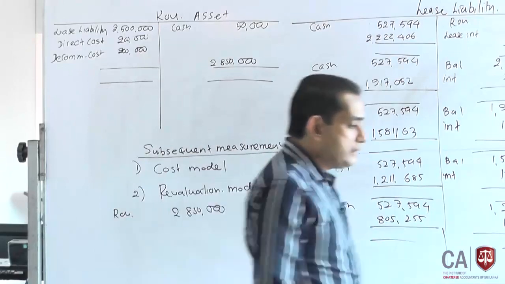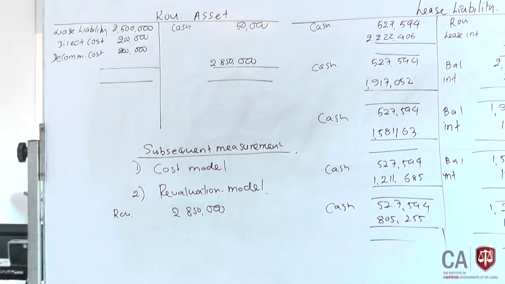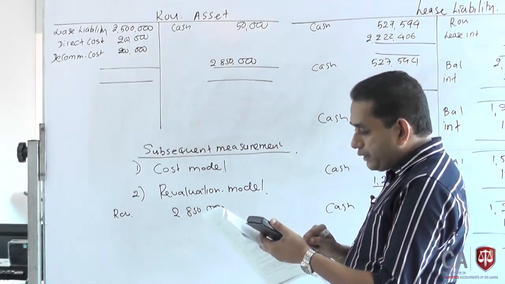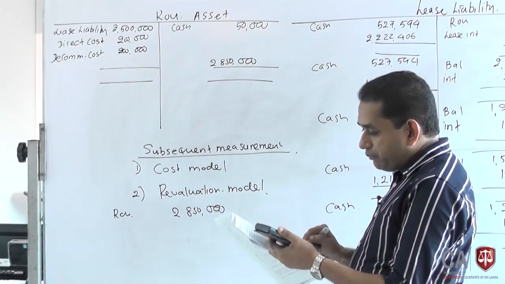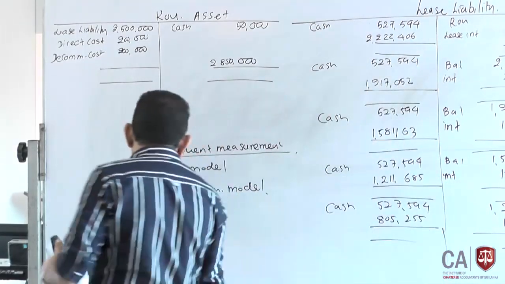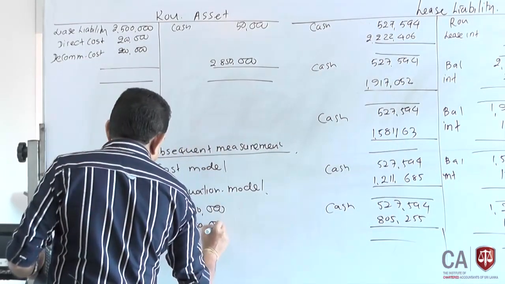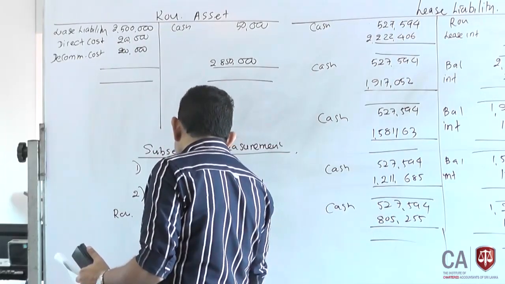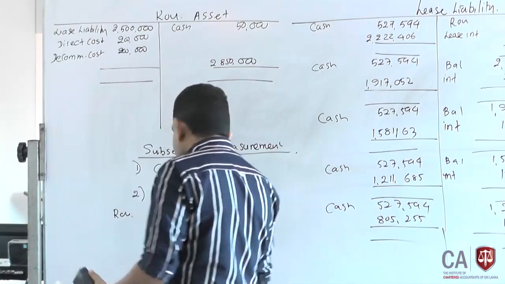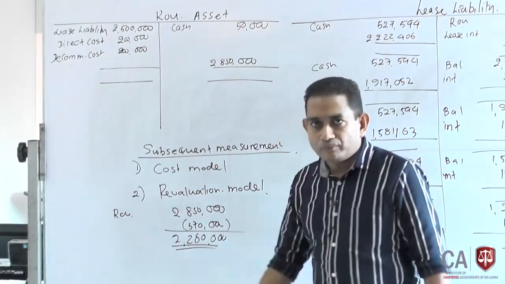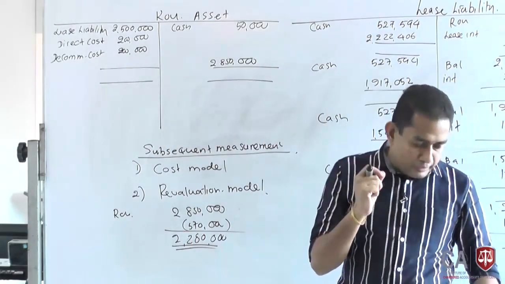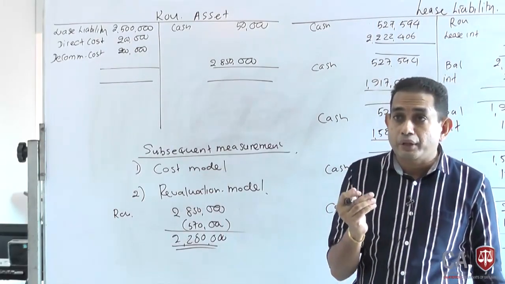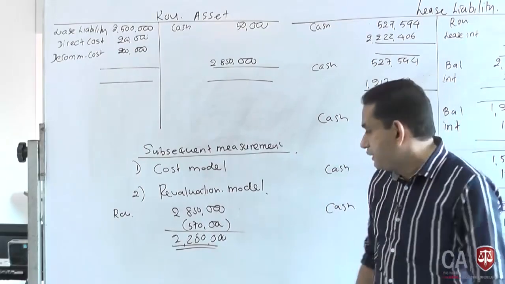Simply 5 years, and you need to depreciate the asset over 5 years time, and let us work out depreciation. 2,850,000 divided by 5, 570,000 should be cumulative depreciation, and the balancing figure has to be the carrying value 2,280,000. This is under cost model. When it says the cost model, original cost of the asset minus accumulated depreciation determined on the cost of the asset.